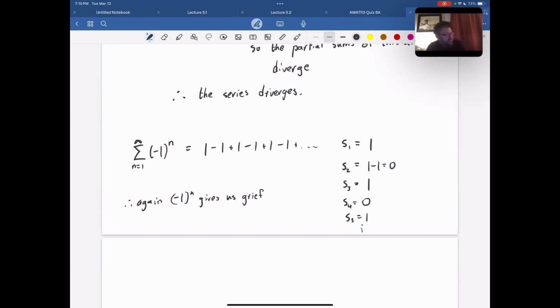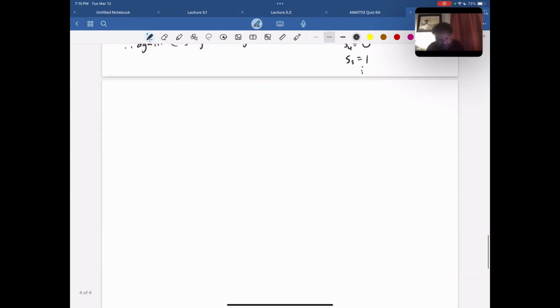And so now let's do one more example. Right, and that will be the sum from n equals 1 to infinity of 1 over n times n plus 1.